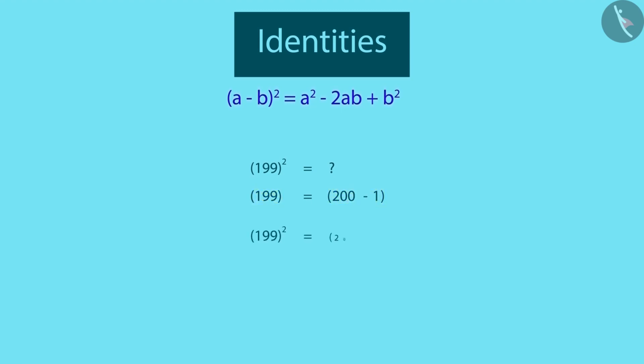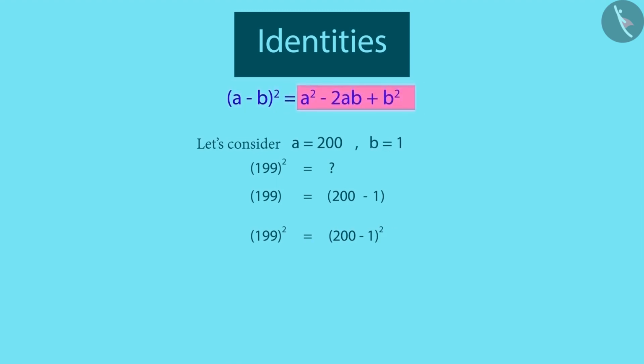Now, 199 raised to the power of 2 will be equal to 200 minus 1 raised to the power of 2. Now we can use this identity to expand 200 minus 1 raised to 2. Let's consider a equal to 200 and b equal to 1.